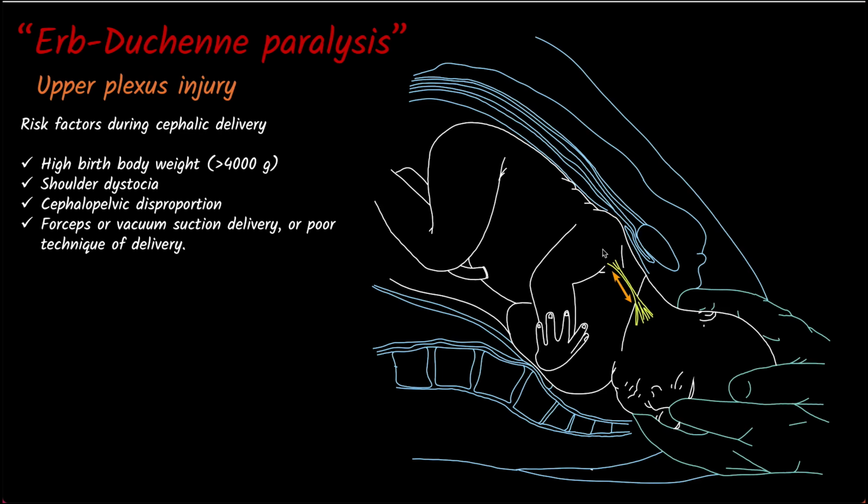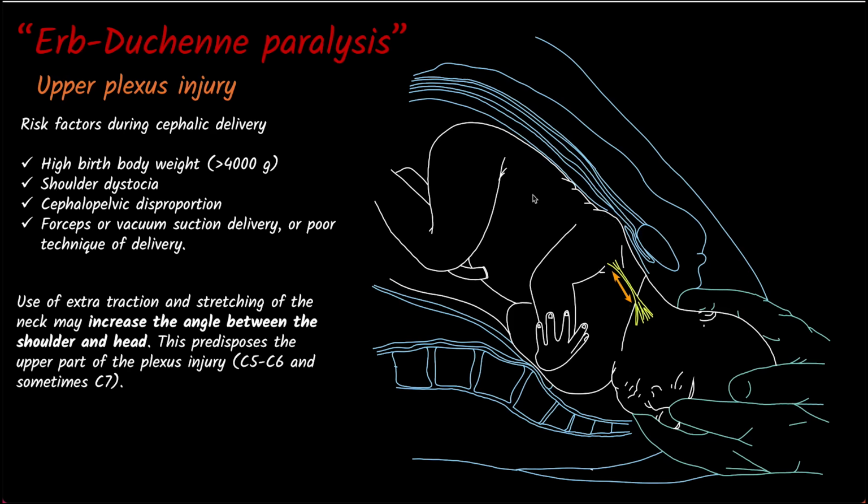Look at this. This is a classic example, shoulder dystocia. The shoulder of this neonate is stuck behind the pubic symphysis of the mother, and that's the resultant. So what happens? There is extra traction and stretching of the neck, and that will lead to an increase in the angle between the shoulder and the head, and this may lead to upper part of the plexus injury.